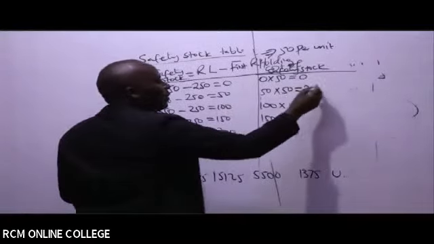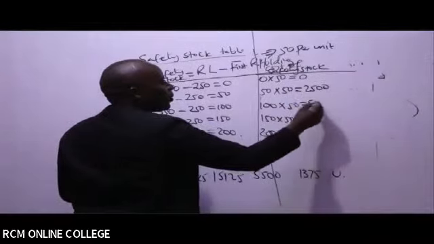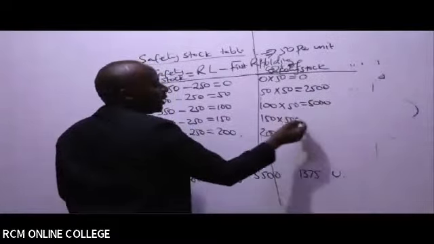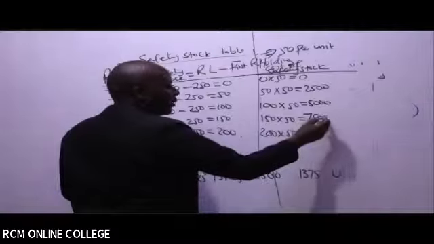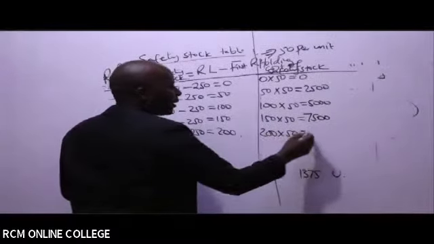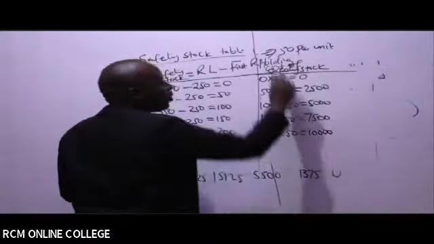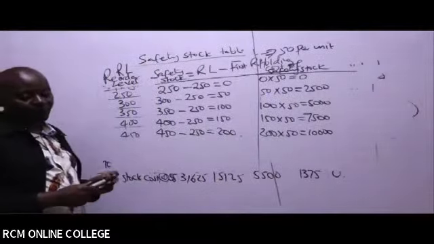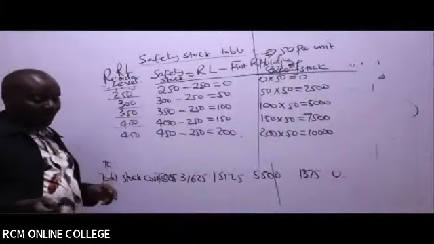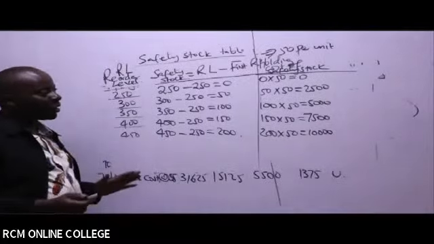The second one is 2,500. This is 5,000. This one, 7,500. This one is 10,000. Please confirm whether all those answers are correct. They are correct.